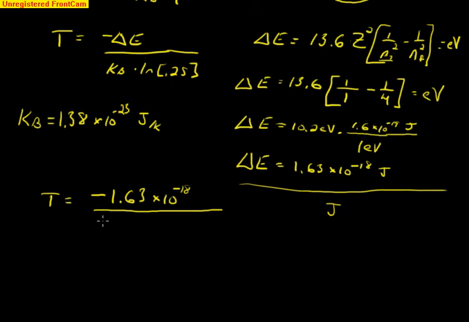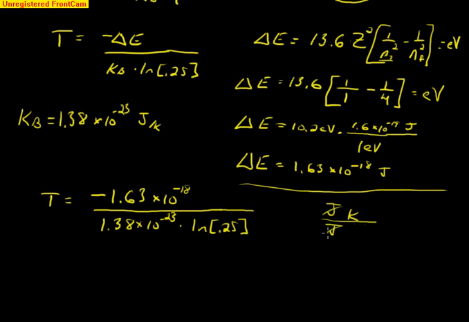So if I plug that in here, we have 1.38 times 10 to the negative 23 joules per kelvin. And then we have natural log of 0.25, which is a dimensionless parameter. It does not change anything.